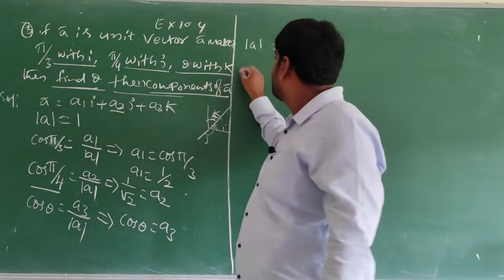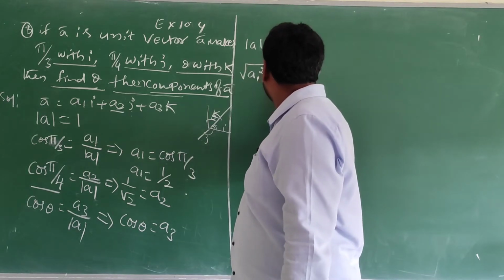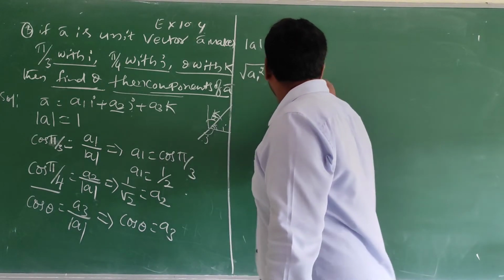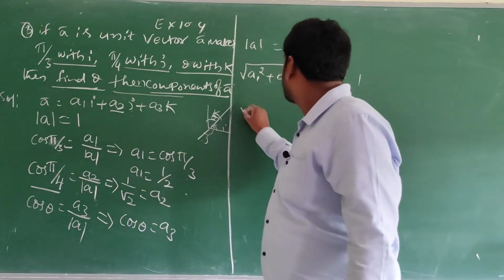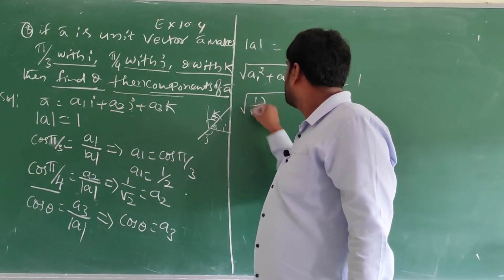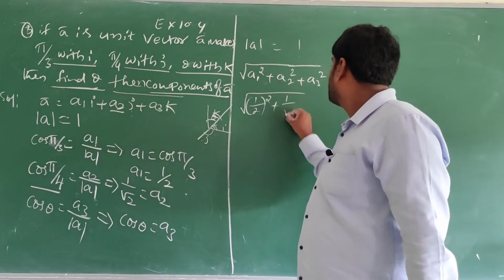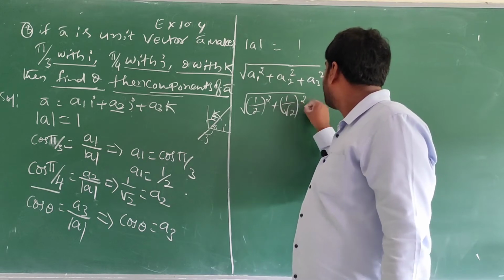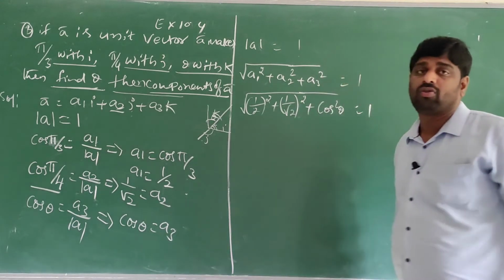What is A bar? That is square root of A1 square plus A2 square plus A3 square equal to 1. What is A1? Square root of 1 by 2 whole square plus A2 square is 1 by root 2 whole square plus cos square theta equal to 1.